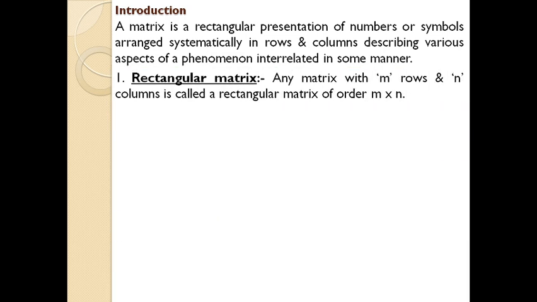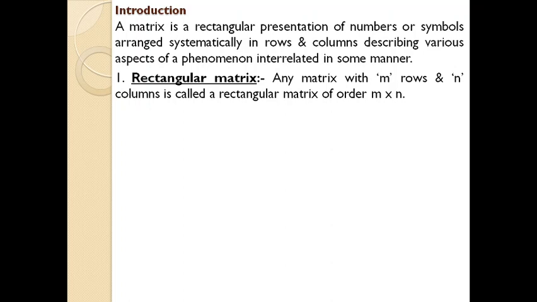Next, we will discuss different types of metrics or matrices which we have to deal with as a part of our syllabus. First one, rectangular matrix. Any matrix with m rows and n columns. Remember, the rows are termed as the alphabetic letter m, and columns are represented by n.